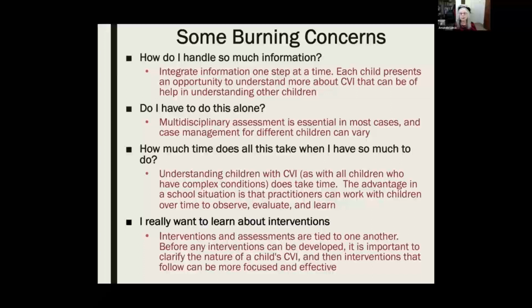We have to make accommodations for that. And so we have to understand how a child's CVI manifests in order to determine which interventions and accommodations are going to be the most important, and then how to balance and rebalance these as the child progresses.